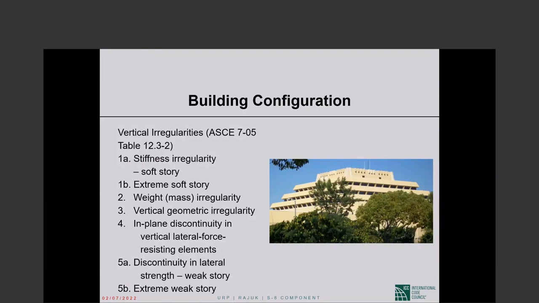The categories are stiffness irregularity or soft story, extreme soft story, 1A and 1B. 2 is weight or mass irregularity. 3, vertical geometric irregularity. 4, in-plane discontinuity in vertical lateral force resisting elements. 5, discontinuity in lateral strength or weak story. 5B is extreme weak story.